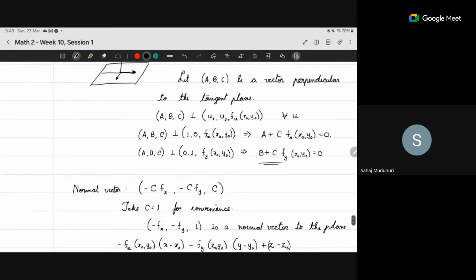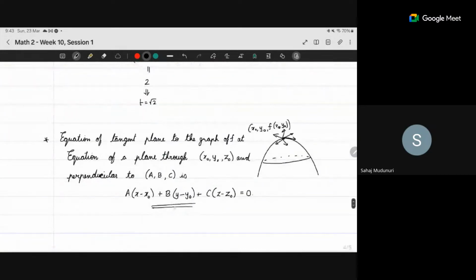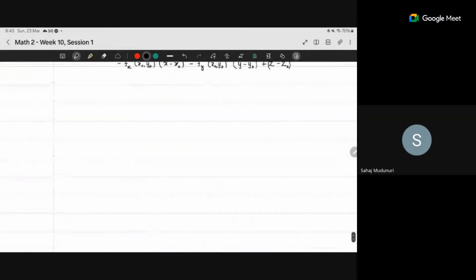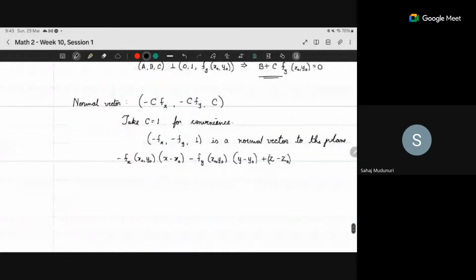So what was this? This was just using this equation and substituting a, b, and c. a was -fx, b was -fy, and c was 1. So this is the equation of the plane. But z0 is just f of (x0, y0). The point is (x0, y0, f(x0, y0)).